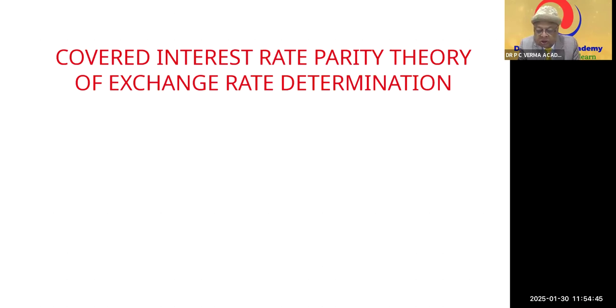In other words, covered interest rate theory says that the difference between interest rates in two countries is nullified by the spot or forward currency premiums so that the investors could not earn any arbitrage profit. This is called covered interest rate parity theory.